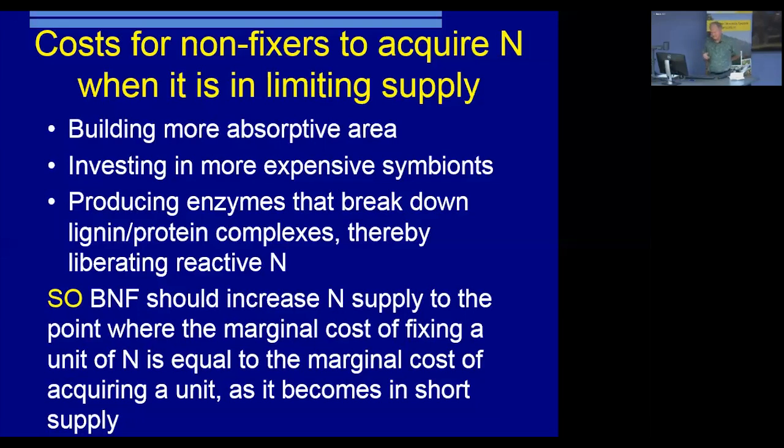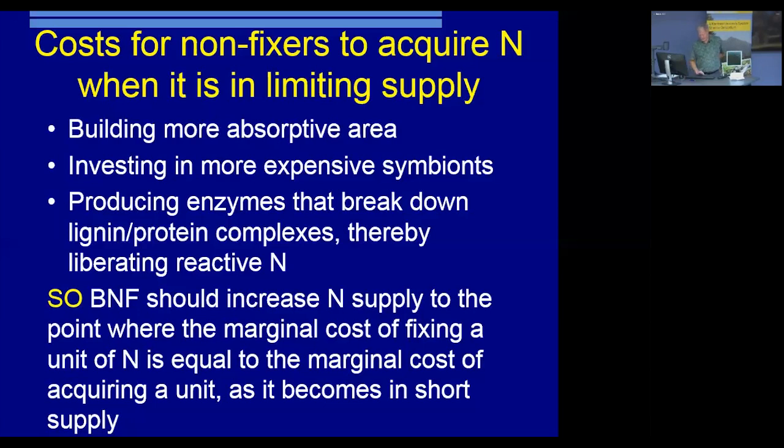So a subtler way of saying the constraint or the paradox is biological nitrogen fixation, it seems like, should increase nitrogen supply to the point where the marginal cost of fixing a unit of nitrogen is equal to the marginal cost of acquiring a unit of nitrogen when it's in short supply.